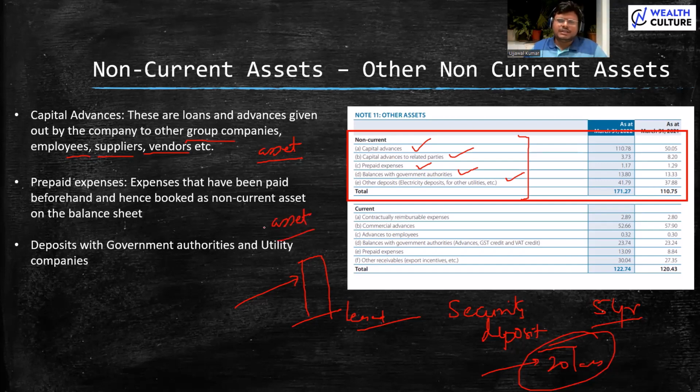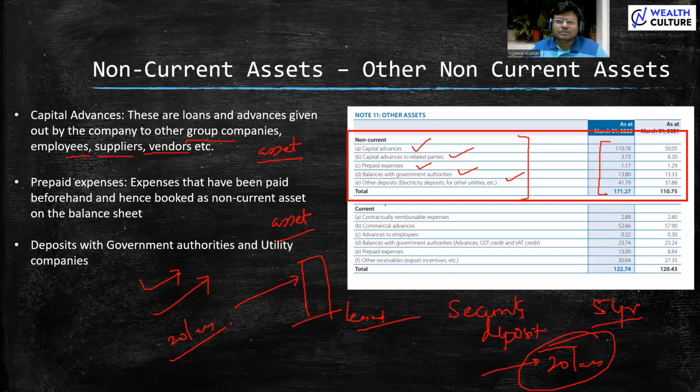So basically, these are not big amounts. These are small monies given to employees, suppliers, vendors, even the money that you give to utilities. The government will say, you want a different electricity line to come to our manufacturing, please submit 20 lakhs as deposit for us to supply electricity to your workshop or manufacturing line.